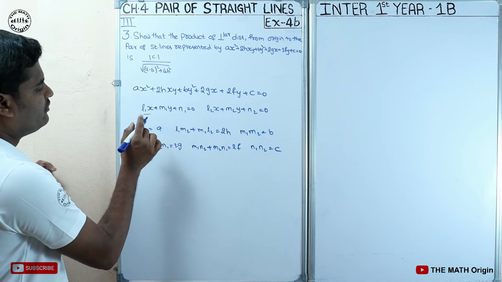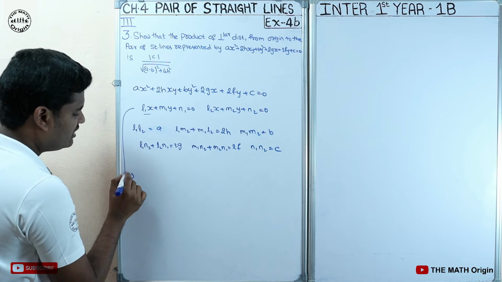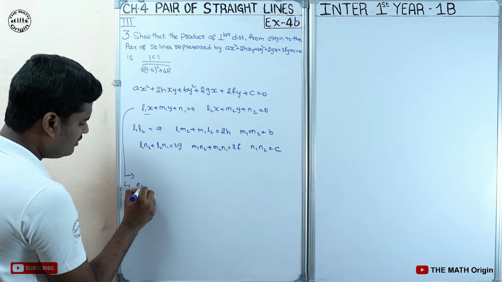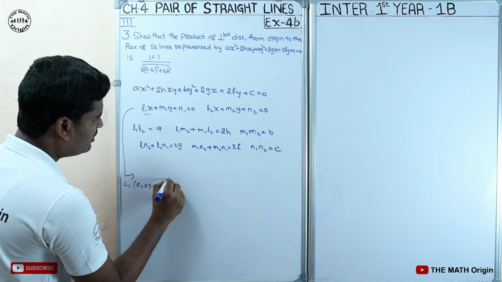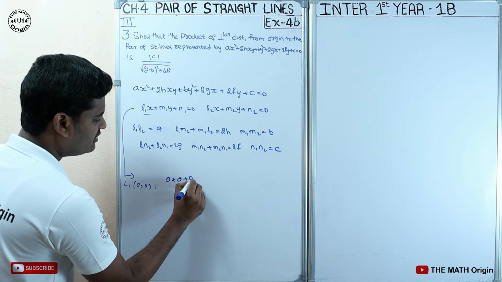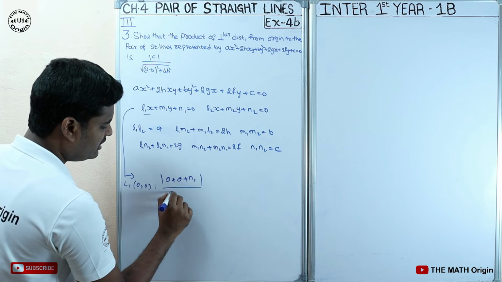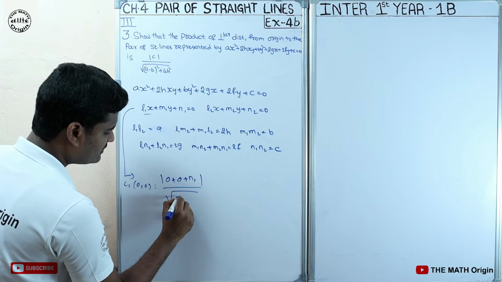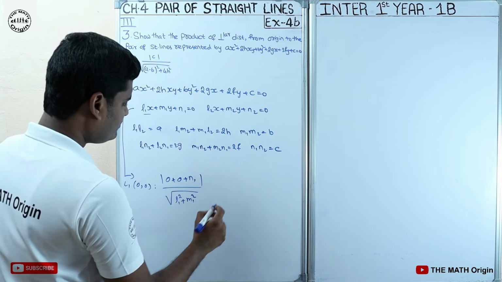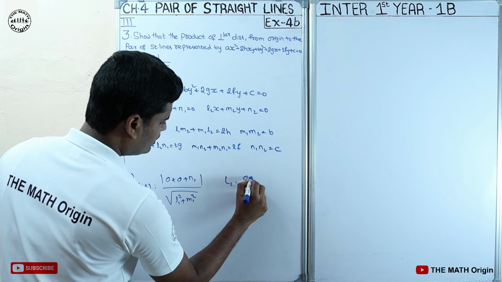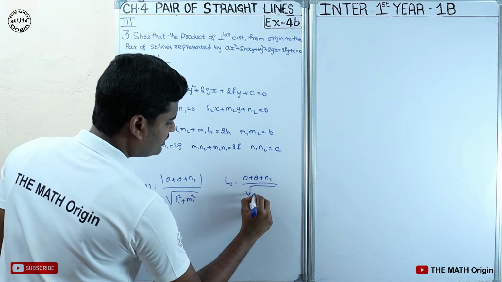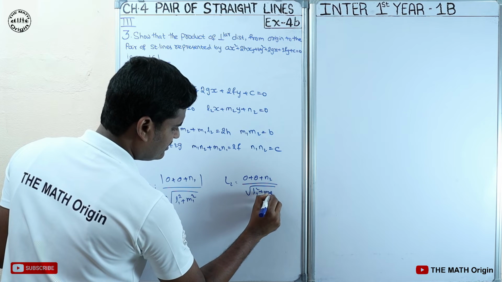Now if you see for these lines, perpendicular distance from the origin, so this will be from line 1 with the origin, the distance will be modulus of this, as it is from 0, x coordinates and y coordinates will be 0, the c will be N1 by root of a square plus b square, means L1 square plus M1 square, and L2 line the same way, origin plus N2 by root of L2 square plus M2 square.